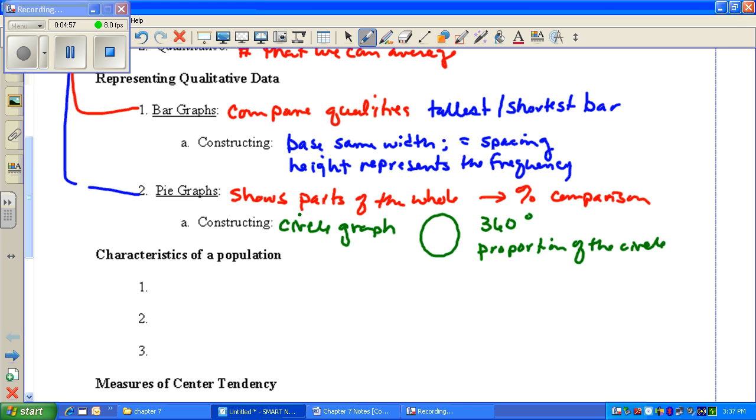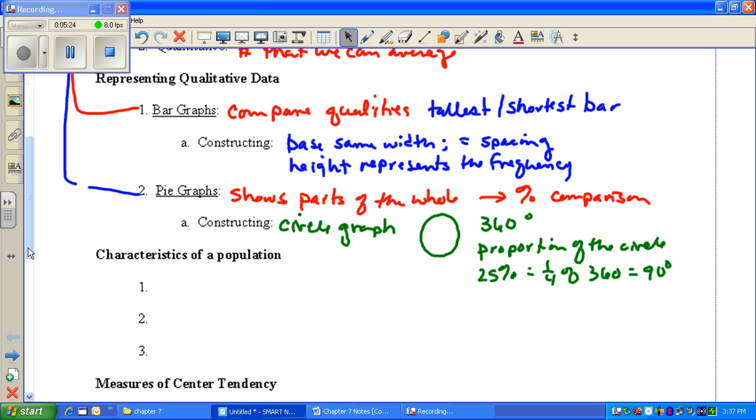So for example, if I want 25%, that would be 1/4 of 360, which would be 90 degrees. And so what you want to do is figure it out into a proportion so you can then figure out how many degrees. And we use a protractor to help measure those degrees. But again, this is all done on technology, and you'll see that through your Excel.